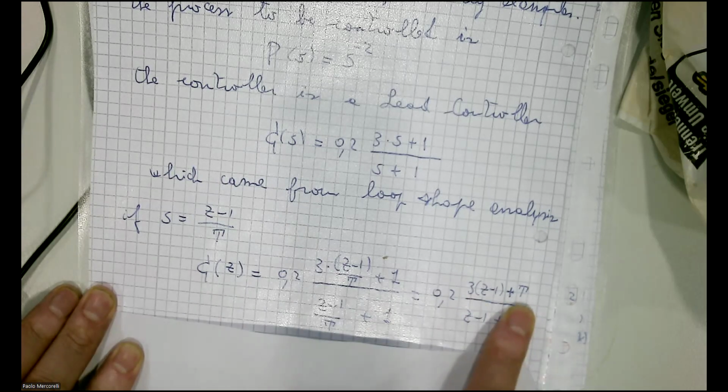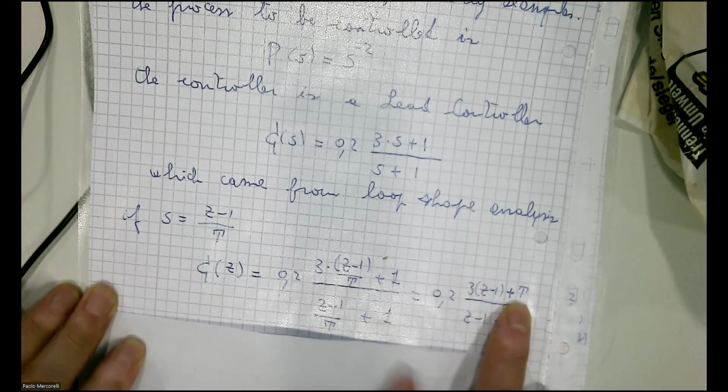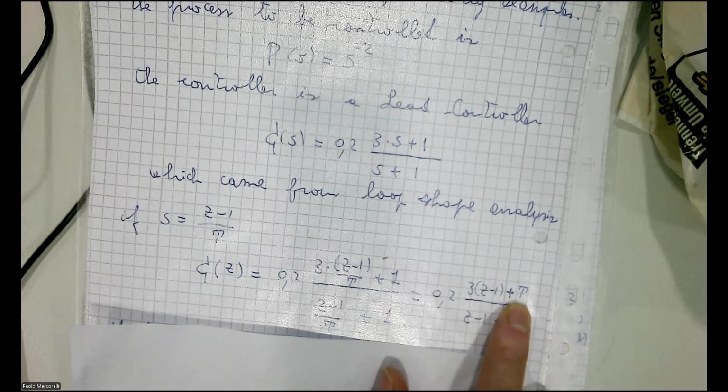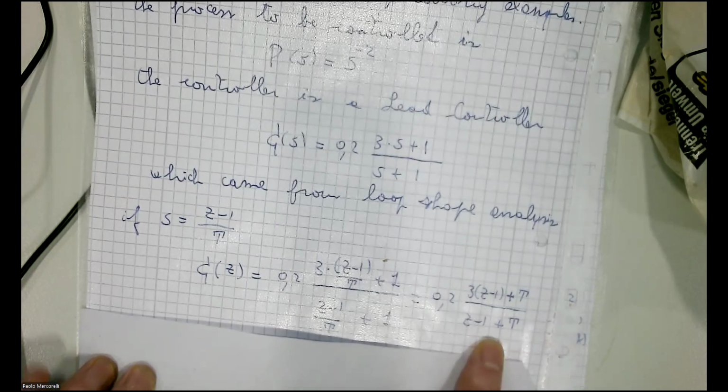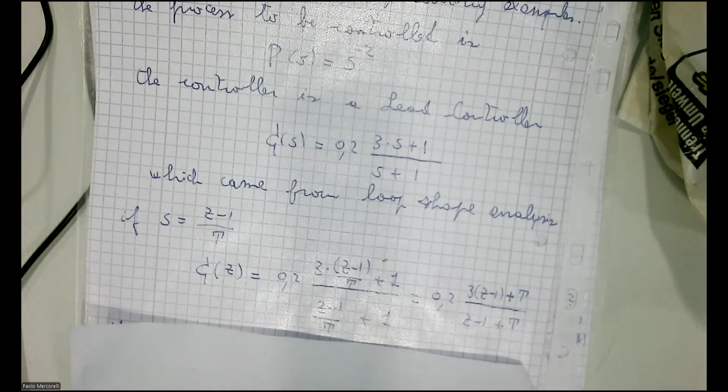Look here, depending on the change, not only the zero. About the zero, it's quite abstract to understand what the zero is. I can tell you a little bit about the root locus. In particular the denominator: in the Laplace domain, the denominator of a transfer function is responsible for the stability.